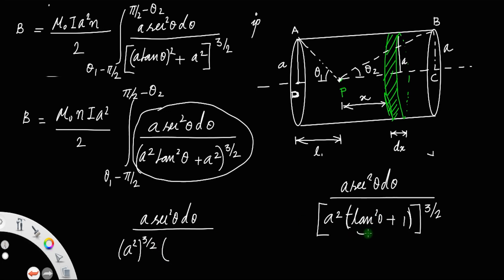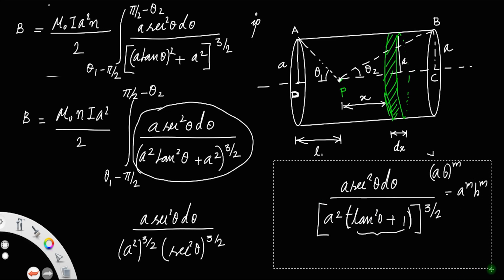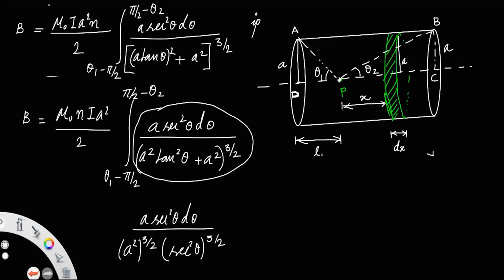You know tan square theta plus 1 is sec square theta, and the 3 by 2 goes on sec square theta again. We know (ab) whole raised to m is equal to a raised to m into b raised to m. Clear? So if you simplify this, you get a sec square theta d theta divided by, this 2 and this 2 get cancelled, so it will be a cube.